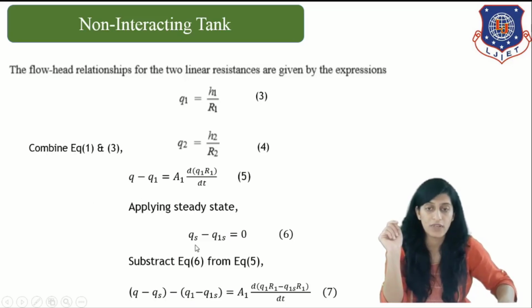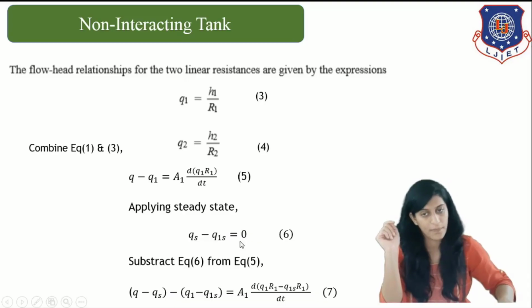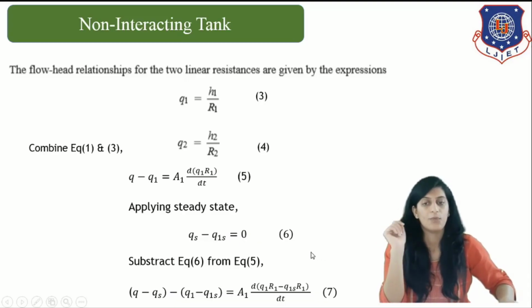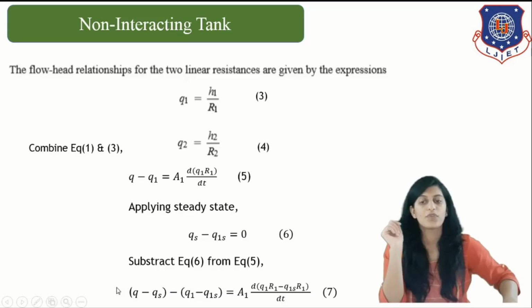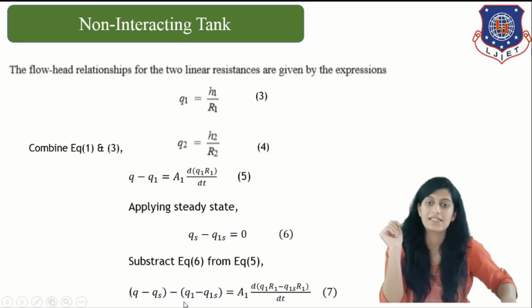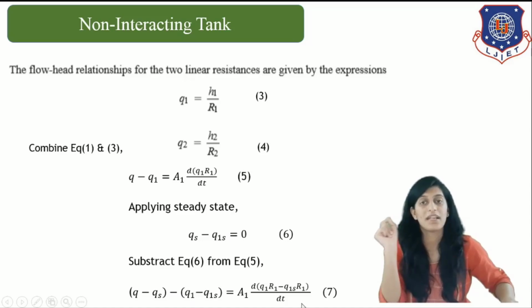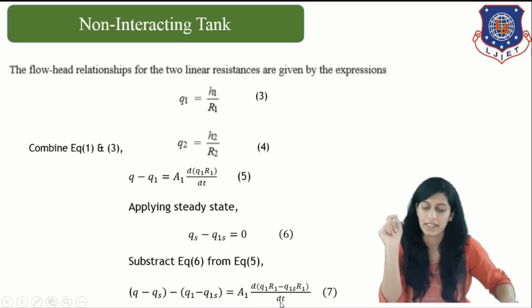So it will be Qs minus Q1s equals 0. Is it clear? Now our next job is to subtract equation 6 from equation number 5. So it will be (Q minus Qs) minus (Q1 minus Q1s) equals A1 d inside bracket (Q1 R1 minus Q1s R1) by dt.